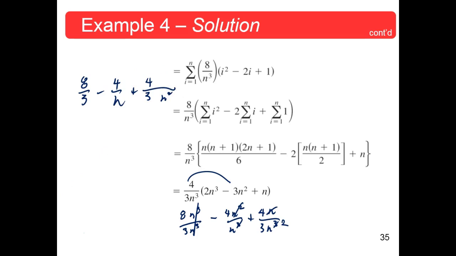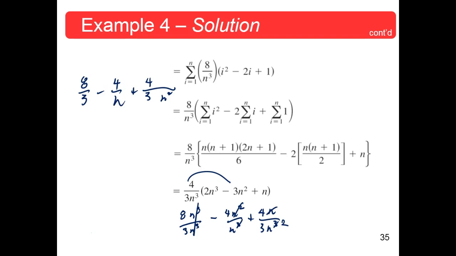We're going to let n get bigger and bigger, so our delta x gets smaller and smaller. Let's try n equal to 100: 8/3 minus 4 over 100, which is 0.04, plus 4 over 30,000, since 100 squared is 10,000.